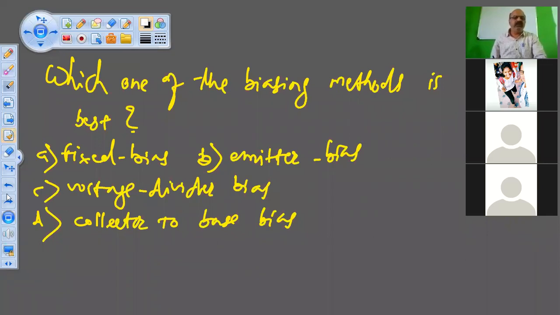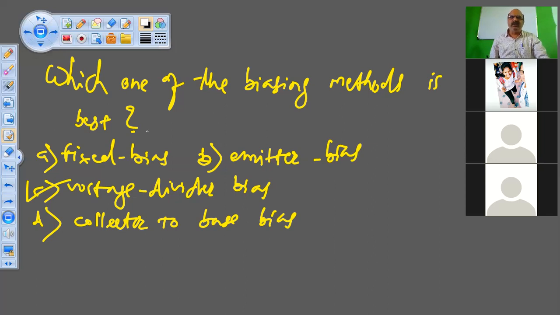So the best biasing method is voltage divider bias method. That was the last method that we studied. Why is it better?